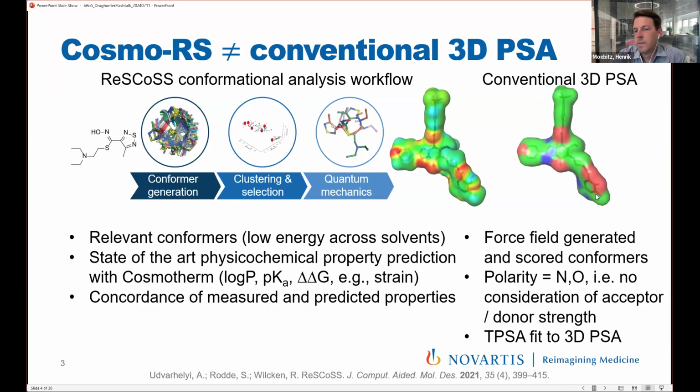Here I've just, for illustration, used the same conformation, the minimum energy conformation of my favorite molecule, HRO, that we already talked about. And you see the COSMO-RS sigma surface on the left versus the conventional 3D PSA, where all the polar nitrogen, oxygen, and hydrogen atoms are shown on the surface. And that is almost twice as high in the 3D PSA that you get out. And TPSA, in the end, is nothing else than TPSA fit to conventional 3D PSA.